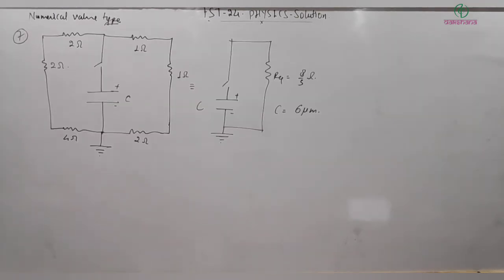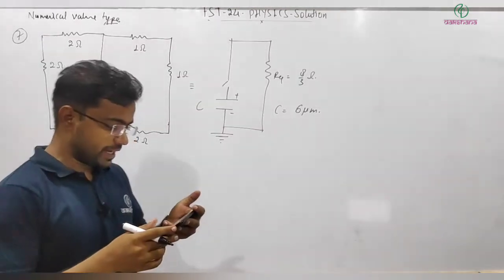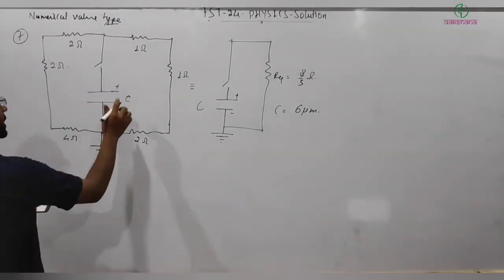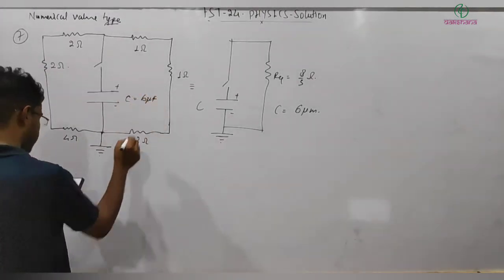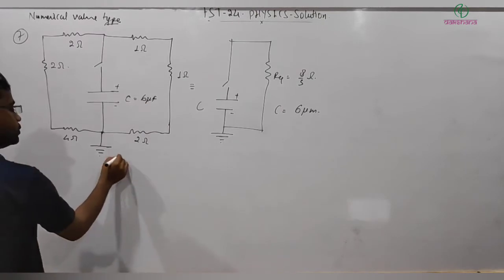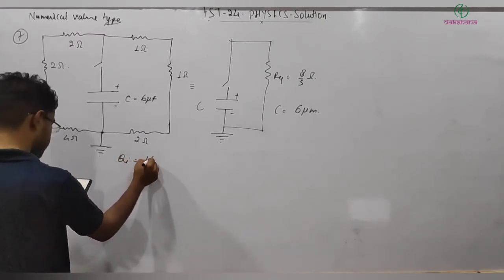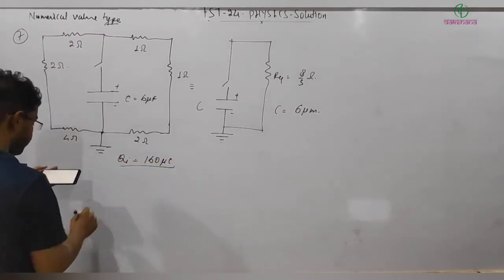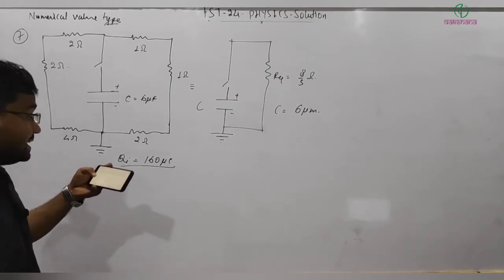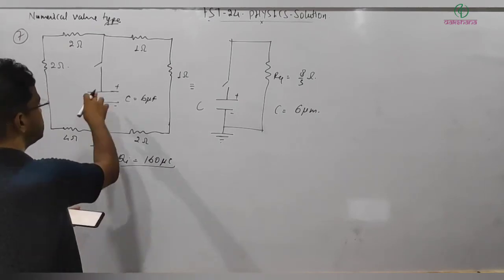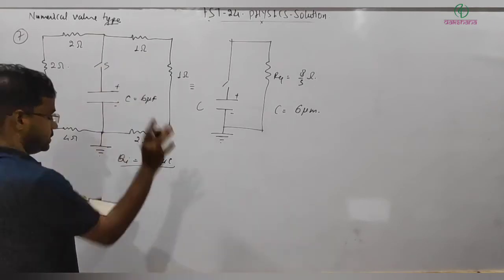Okay, next question number 7. A capacitor of capacity 6 microfarad, C is equal to 6 microfarad, and initial charge Q initial is given as 160 microcoulomb, is connected with the key S and resistance as shown in the figure. So this is the key S and resistance shown in the figure.